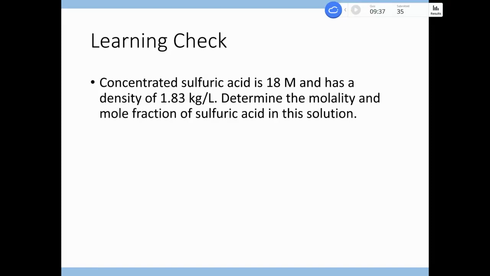So that's what this is. This will take a few steps to do the first and second parts of the question. So here we go. We've got concentrated sulfuric acid. Sulfuric acid is H2SO4. It's in water. So this is a H2SO4 in water solution.